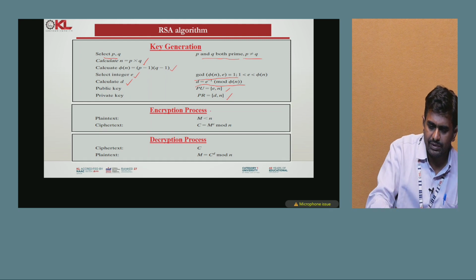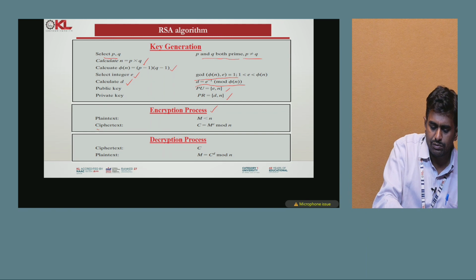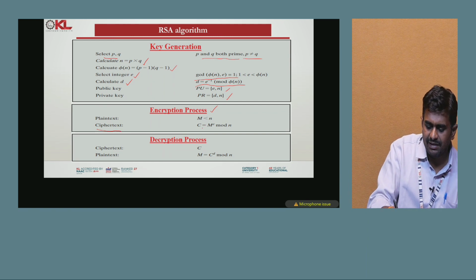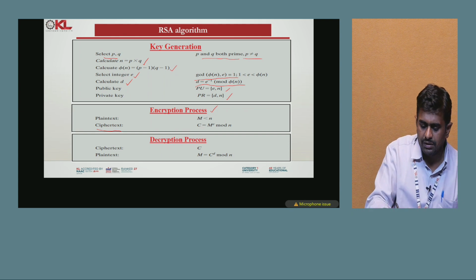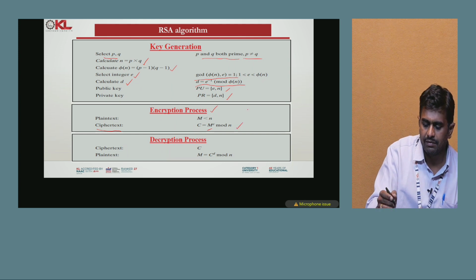The second step is the encryption process, where we need to find the ciphertext. On the sender side, who knows the M value, the plain text or original message, we compute the original message power E mod n. In encryption we use one key, the public key, whose values are E comma n.